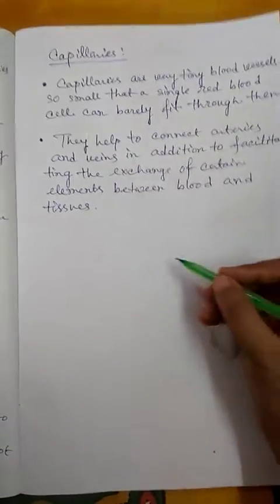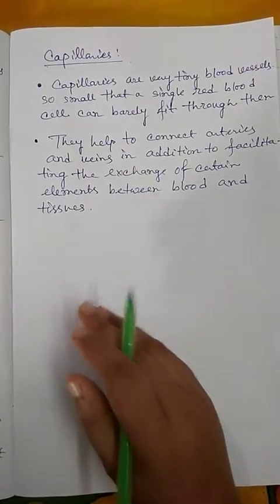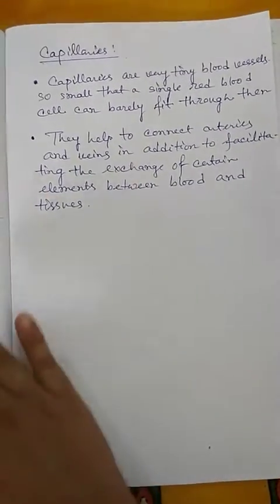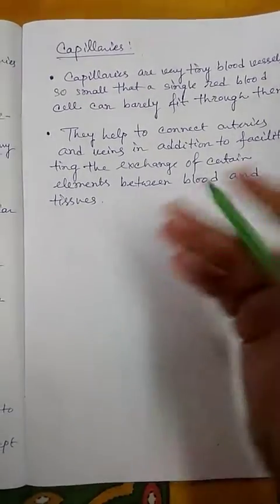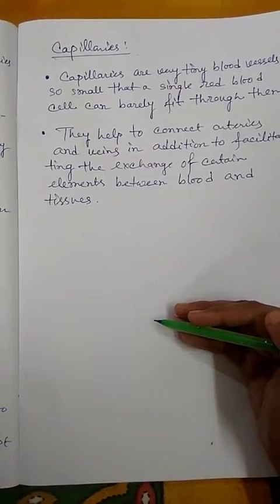So what is happening through the capillaries? The blood is exchanging nutrients from the tissue to the blood, or from the blood to the tissue. Gaseous exchange is also happening.